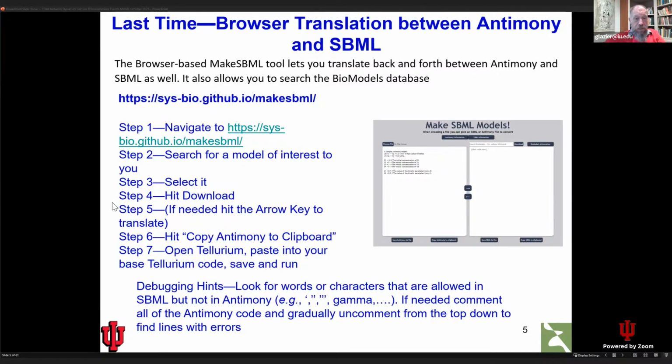So I think there's still a problem with the biomodels repository, and I'm not sure why it's not working well. I actually talked to 2 people in charge. I talked to the person who wrote the make SBML models code.